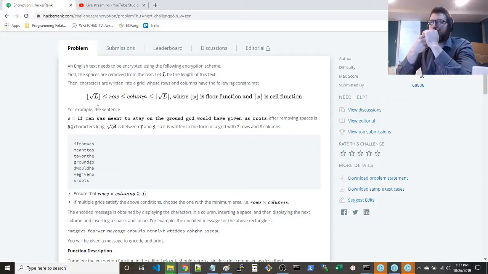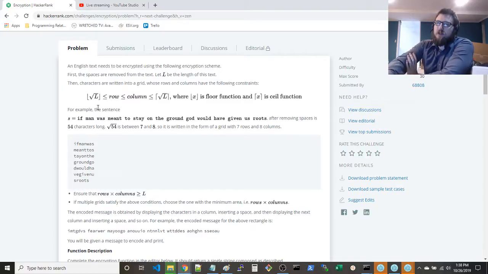And so characters are written into a grid. The spaces are removed. Let L be the length of this text, I guess the text after you've removed the spaces. And you're going to write these characters into a grid, and the rows and columns have this constraint on the number of rows.